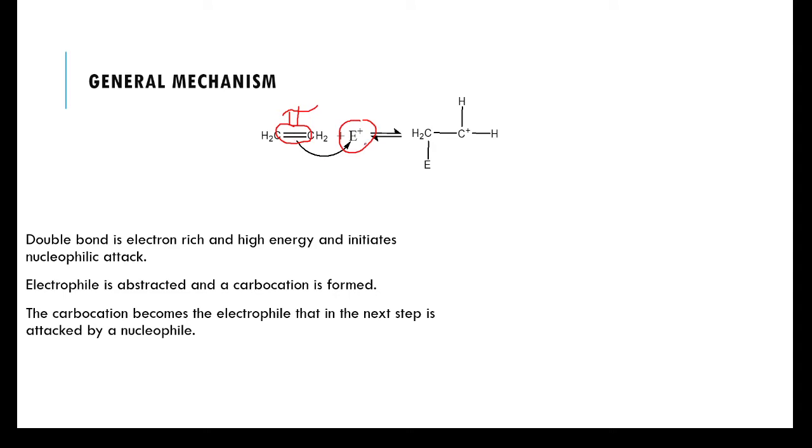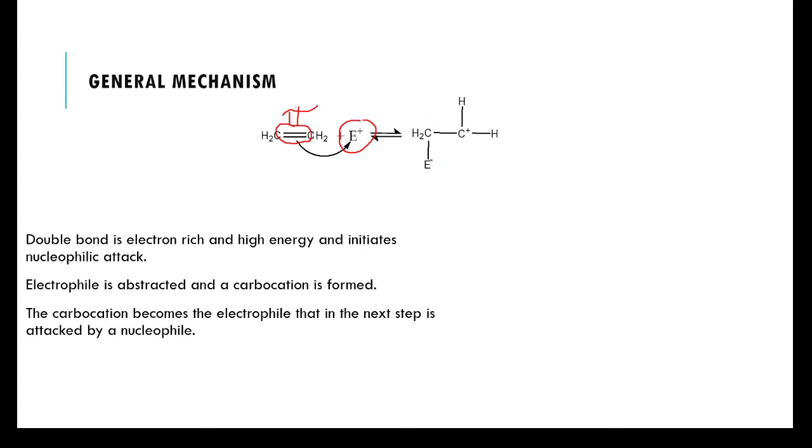So the pi electrons attack the electrophile. The electrophile attaches to the carbon. Now, here's the deal with attaching to the carbon, and I alluded to this at the end of Orgo 1, but I'll review it again. I am going to make the carbocation that is the most stable.